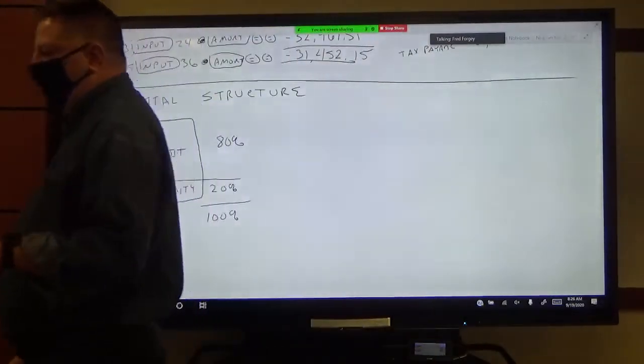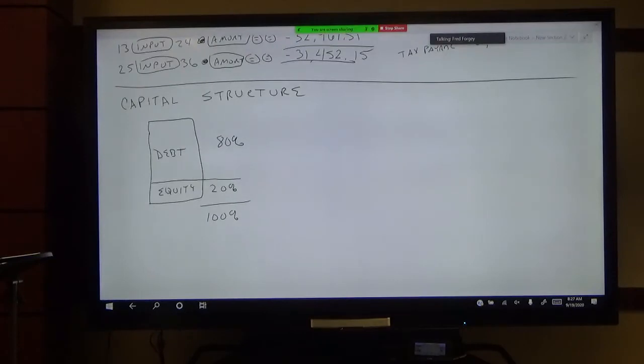Later we're going to infuse that you can have more than one type of debt. We can have your primary debt, but we can also have what's called mezzanine debt, which we'll talk about as well. But right now, we're going to focus on these two basic capital types, debt and equity, okay?